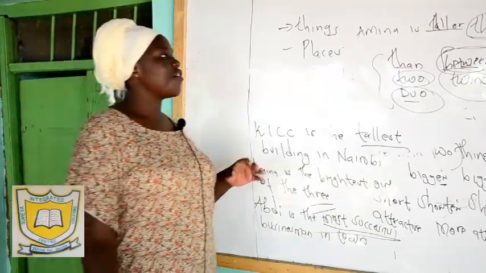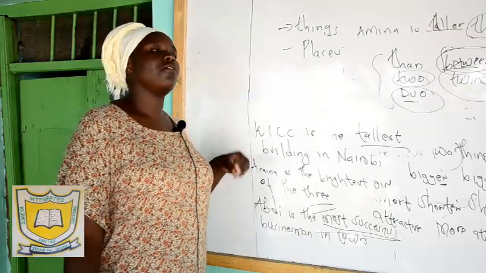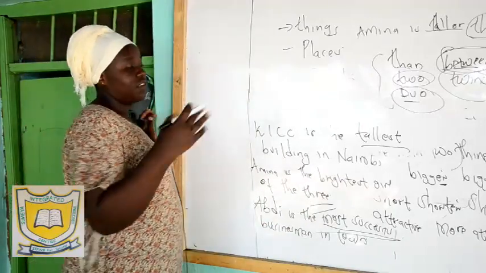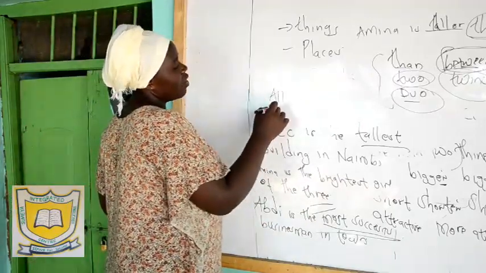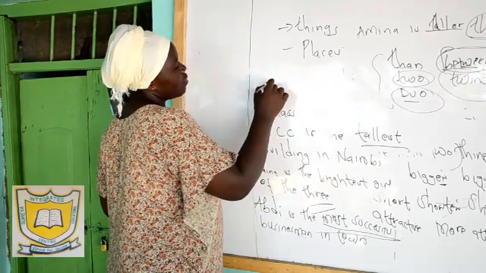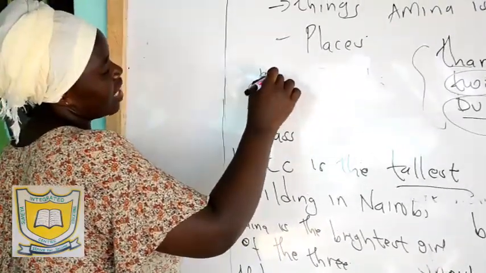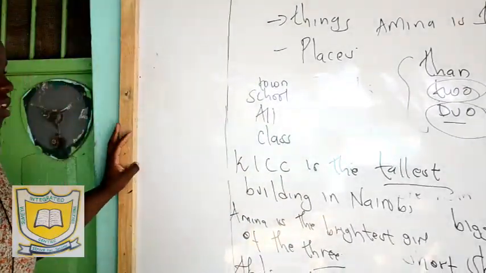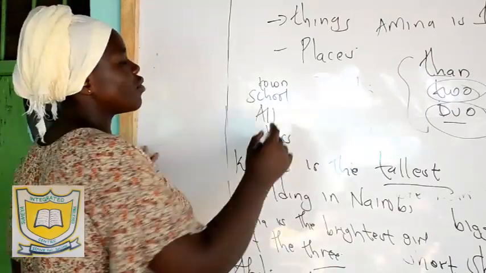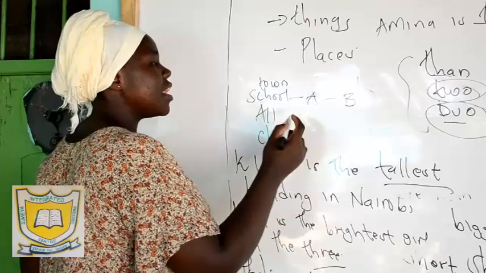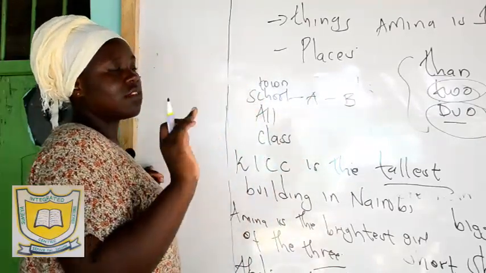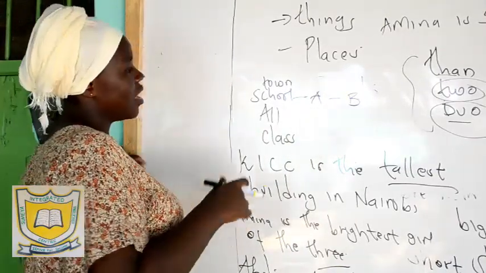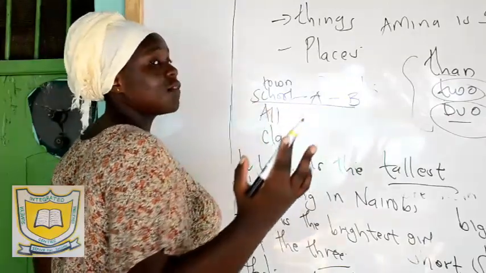So if you want to use the superlative form of the adjective, just check the sentence. If you see two, you know it's the comparative. If you see words like all, words like class, school, or town, because if I'm going to say who is the dash girl in the school, unless they are comparing school A to school B, like they are very categorical, saying Sumeya is farther than, let's say, Mwangaza, that is comparing the two schools.